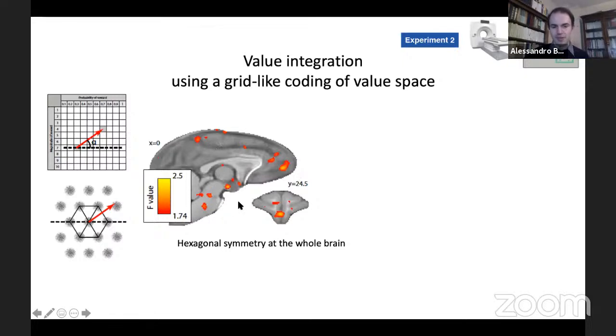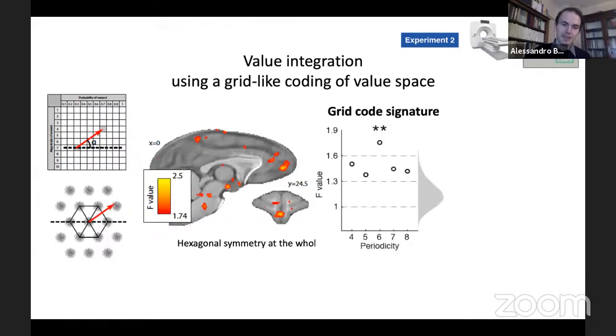And we found that there is indeed a signature in the fMRI. Well, the data are a bit noisy because we have very few choices before the choice will not be novel anymore and will become familiar again. But when you look at novel choices, you have a peak of activation precisely in this medial anterior region of PFC. And we tested that this effect is specific for a six-fold symmetry, so the pattern is hexagonal and not for other types of periodicities.